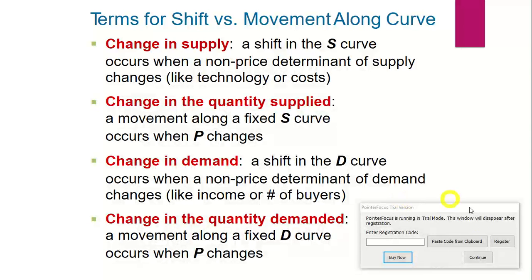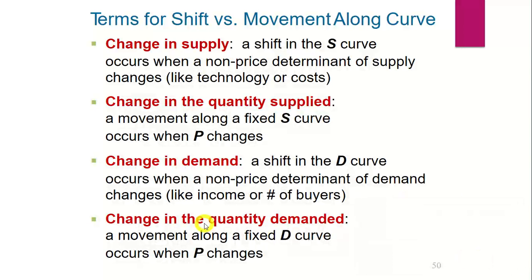It occurs when price changes. So it's all about a change in supply or demand curve and change in quantity supplied or quantity demanded. That is a shift in the demand or supply curve and movement along both curves, that is the demand and supply curve.